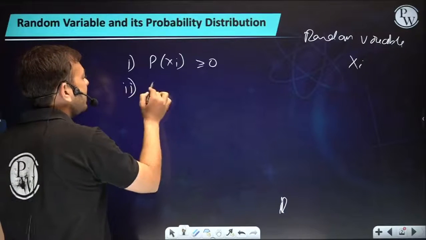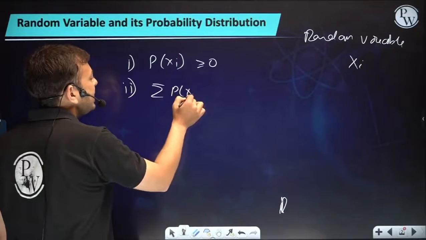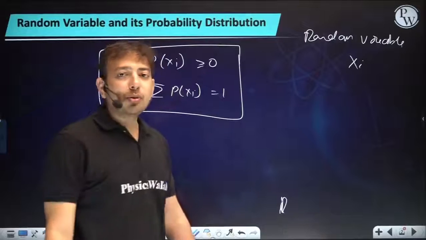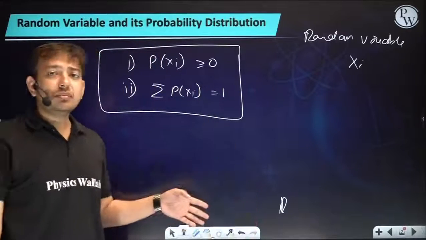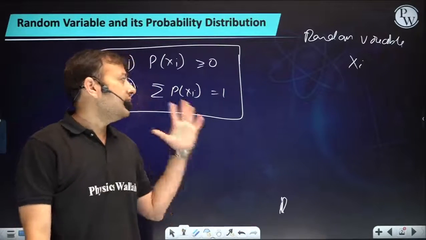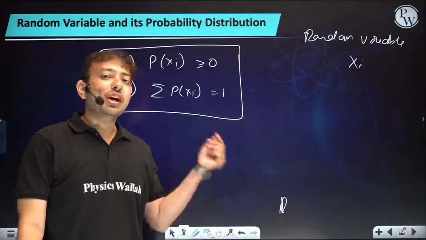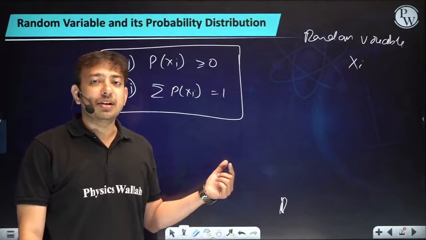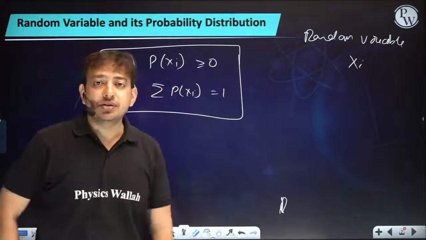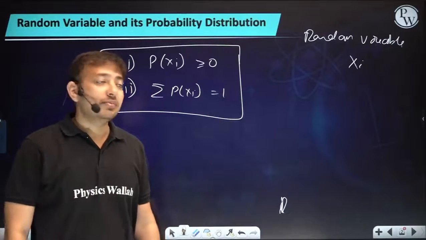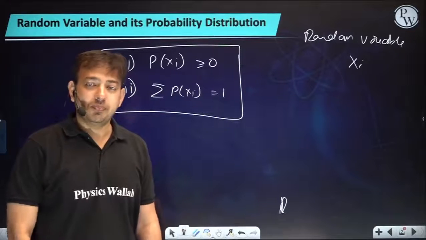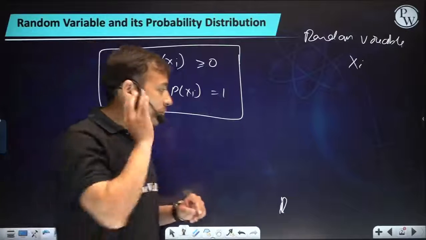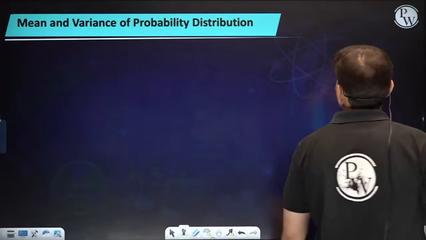Second important condition: sigma p(xi) should equal 1, meaning the sum of all the probabilities should be equal to 1. If these two conditions are satisfied, then only will you say that the random variable is termed as a probability distribution. Understood? Two things. You will understand more when we solve problems.